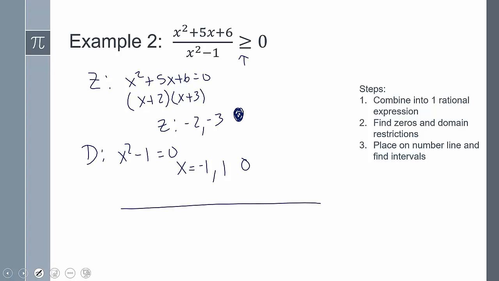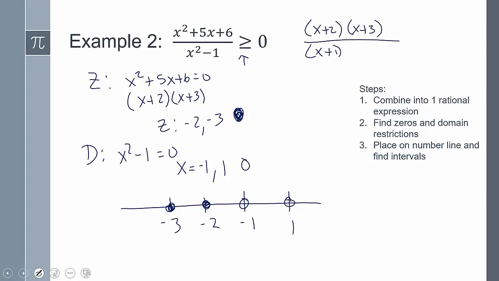So we put all those numbers on a number line. So I have -3, -2, -1, and +1. Closed circle, closed circle, open circle, open circle. And now you go through and you test true or false. I like doing the whole factor thing to see the plus or minus.